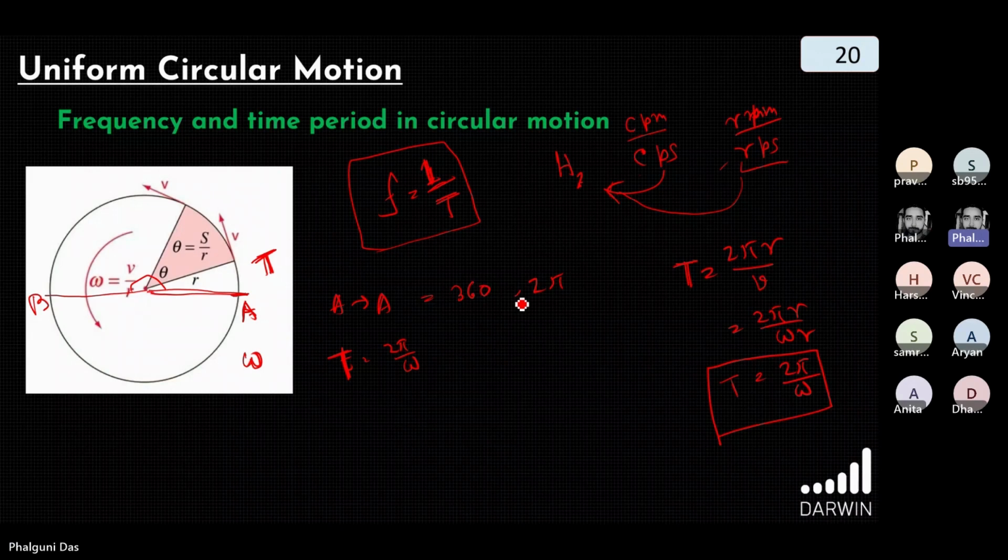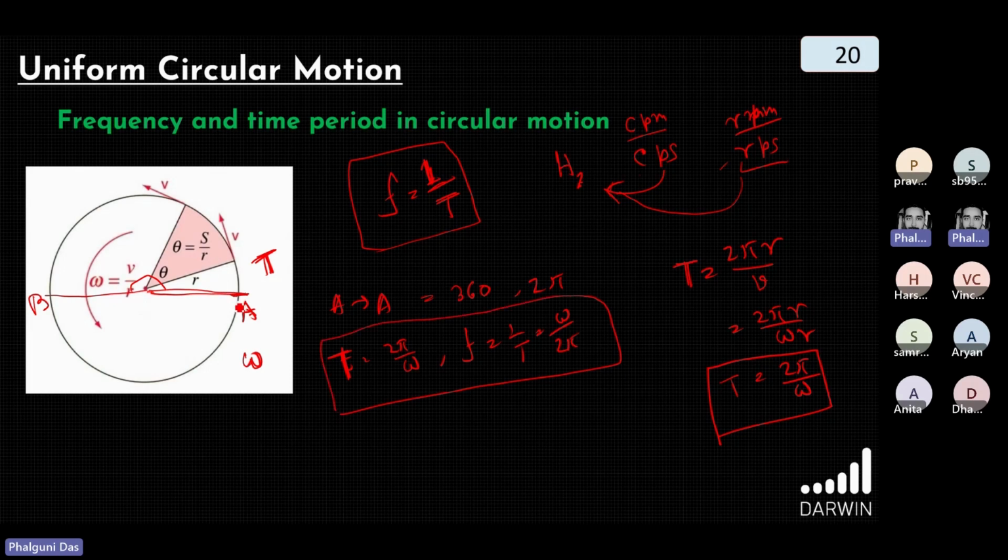Now that we have the time period, we can get the frequency relation, that is 1 by T, which is omega by 2 pi. There are some other related quantities that can be expressed in terms of angular quantities.